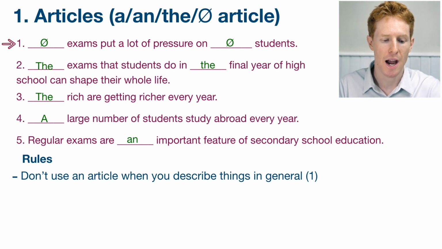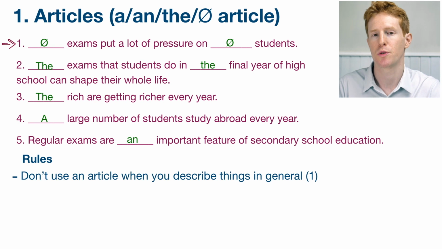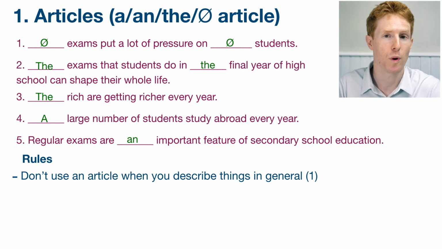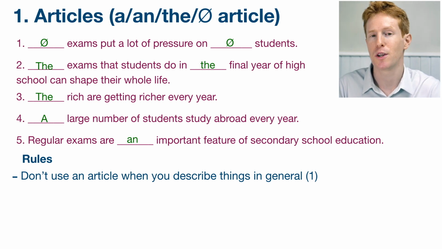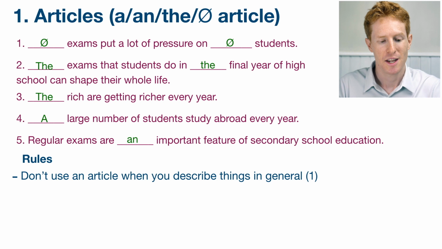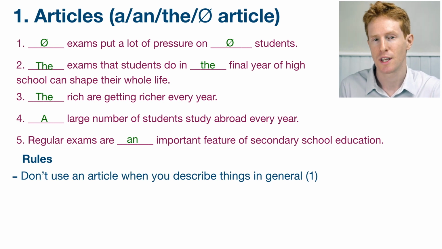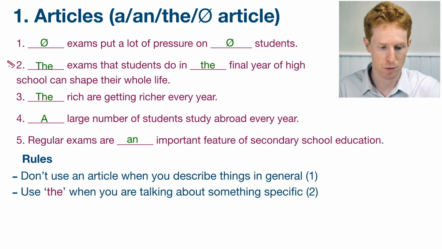We're saying exams put a lot of pressure on students. So we're saying exams in general, all over the world, put a lot of pressure on students in general, all over the world. If we put the exams put a lot of pressure on the students, then we're talking about specific exams. And you can see that in sentence number 2.